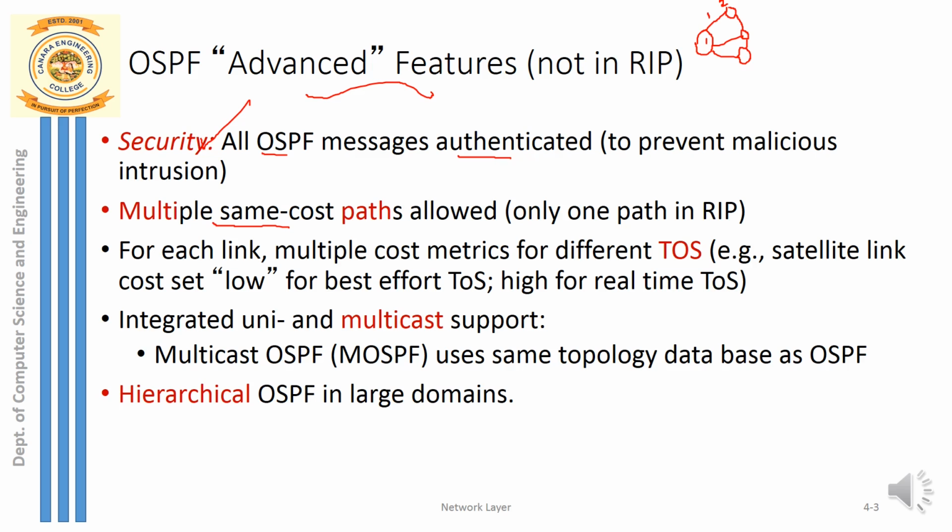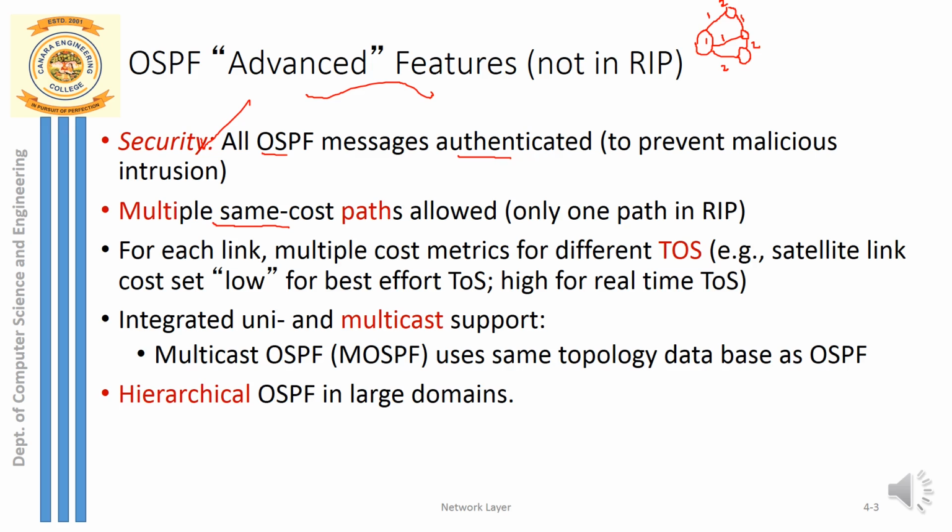Router 1 to router 2, the cost may be 1, here again the cost may be 1, and this again may be cost 1. This may be cost 2, and this again cost 2. So you can see the cost or distance from router 1 to router 2 can have multiple paths, right?